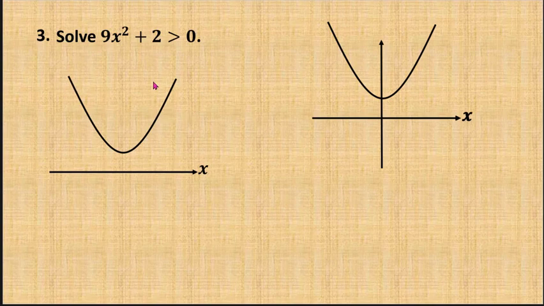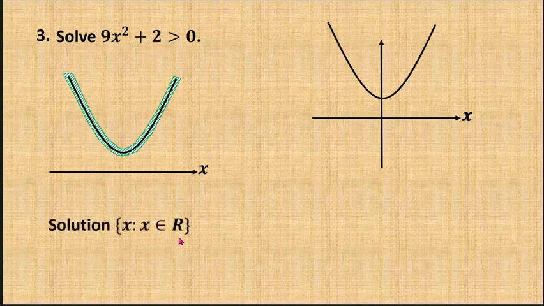Notice that the whole graph is above the x-axis, which means that I need to mark the entire graph. In other words, all the values of x satisfy the inequality. Then finally, the answer in set notation is all the values of x where x is a real number.